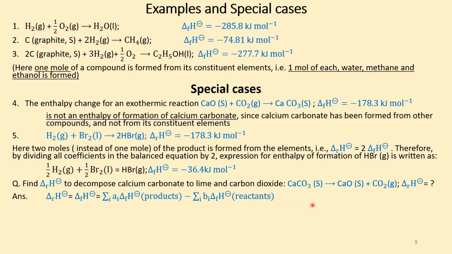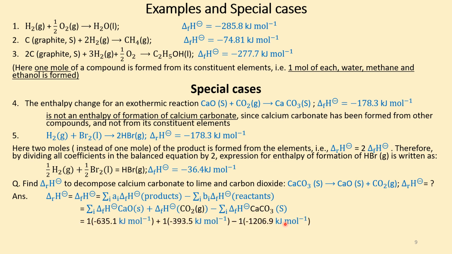Here the products are on the right hand side: ΔfH° of CaO(s) plus ΔfH° of CO2(g), minus ΔfH° of CaCO3 in solid state.